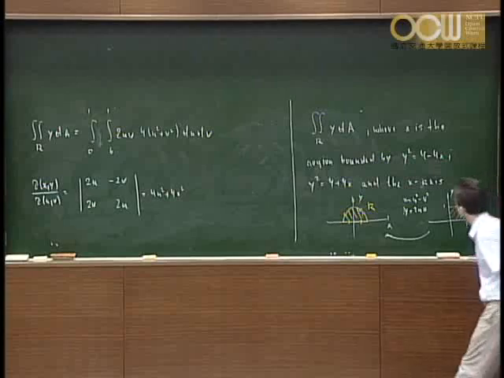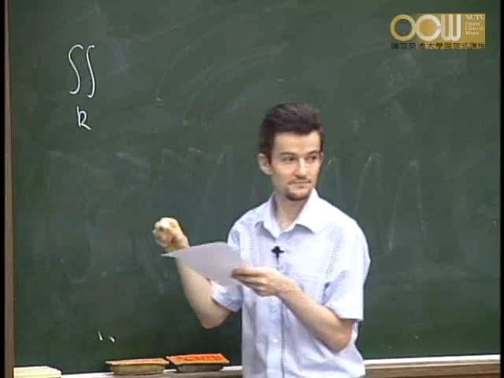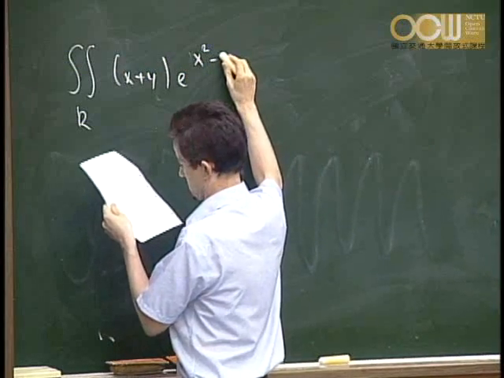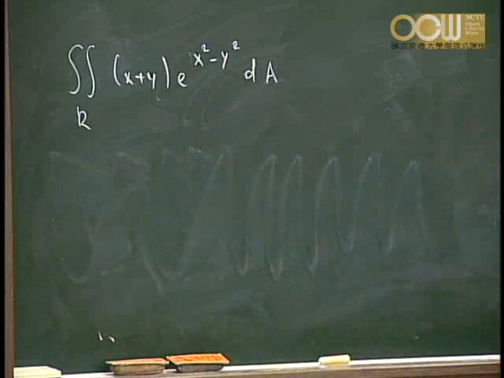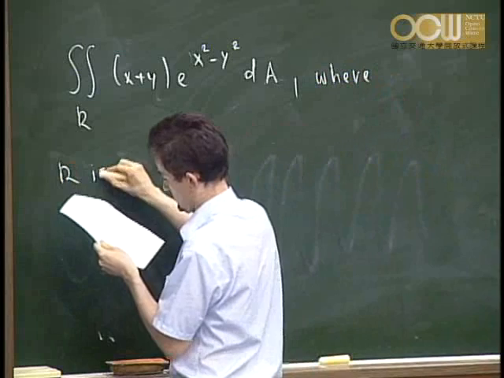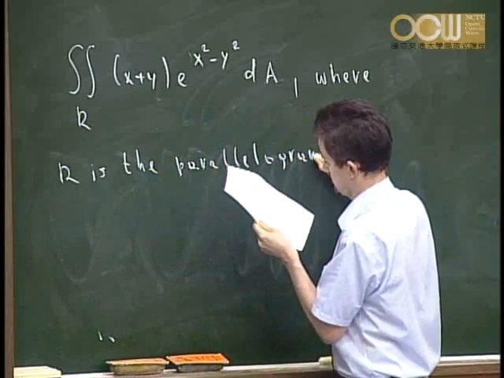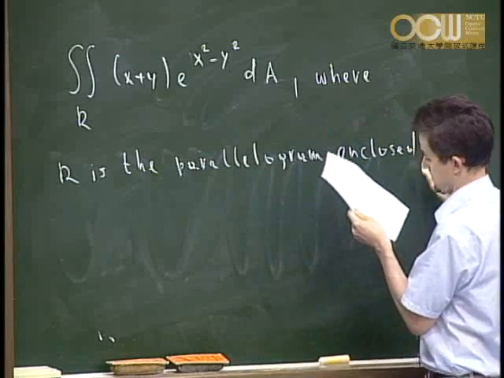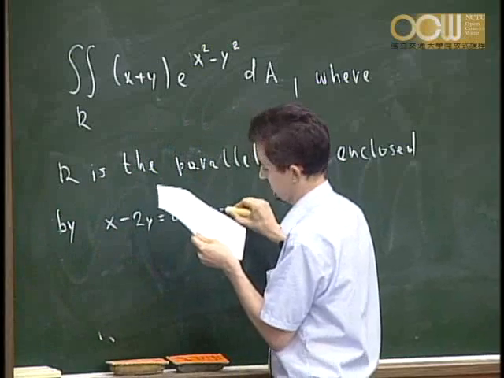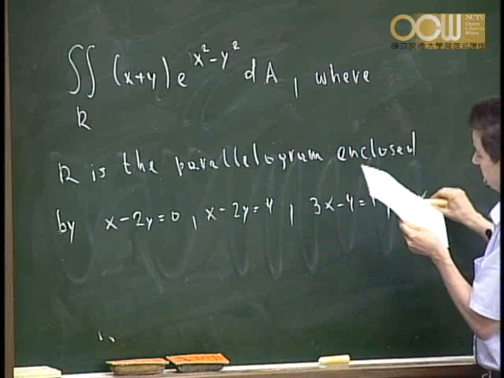Maybe let's look at another example, since this example is not so convincing. For instance, this one, where R is the parallelogram enclosed by x minus 2y equal to 0, x minus 2y equal to 4, 3x minus 4 equal to 1, and 3x minus 4 equal to 8.